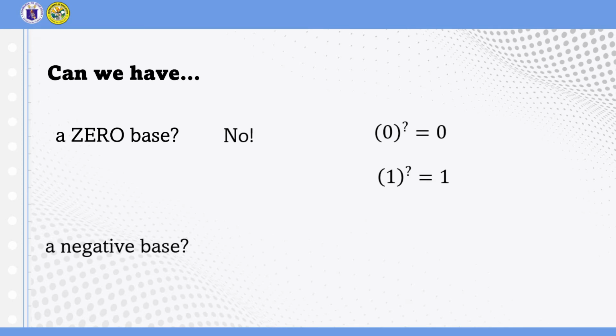And as you know, unless we're getting into imaginary numbers, we can't deal with a negative number underneath a square root. So 0, 1, and every negative number presents a potential problem as the base of a power function. And if those numbers can't reliably be the base of a power function, then they also can't reliably be the base of a logarithm. For that reason, we only allow positive numbers other than 1 as the base of the logarithm.